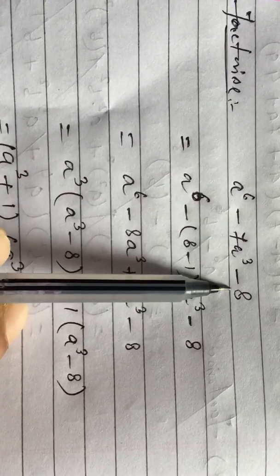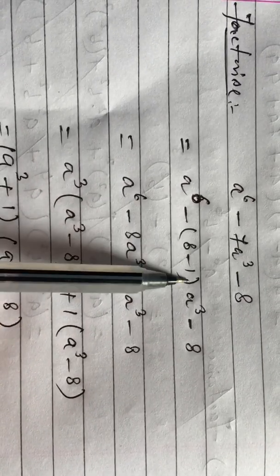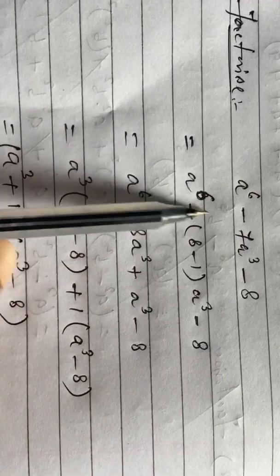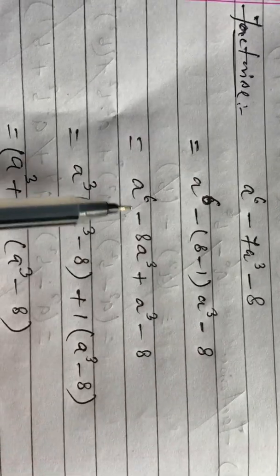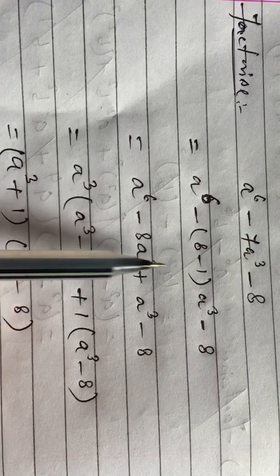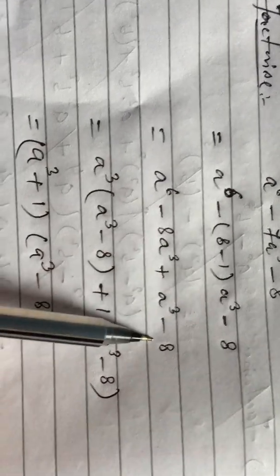In this type of question we can split the middle term. For 7 we write 8 minus 1, and 8 times 1 is 8, and a to the power 6 as it is. So for 7 we write 8 minus 1: a to the power 6 minus 8a cube plus a cube into 1, a cube minus 8.